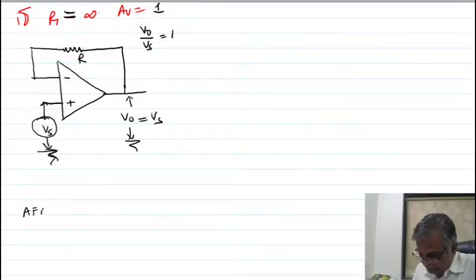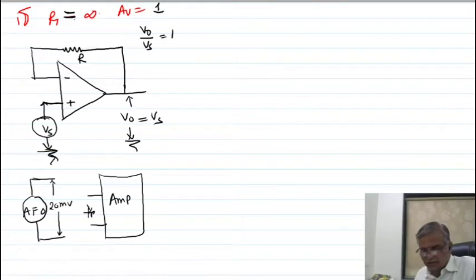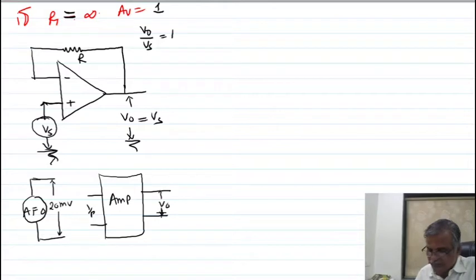This is your AFO. This is your amplifier. You are adjusting 20 millivolt, and that input you want to give here, and you are measuring some output voltage. Now, you have adjusted 20 millivolt before connecting this input here.